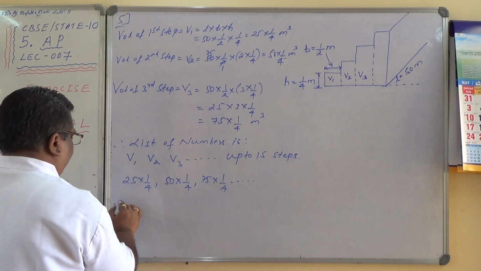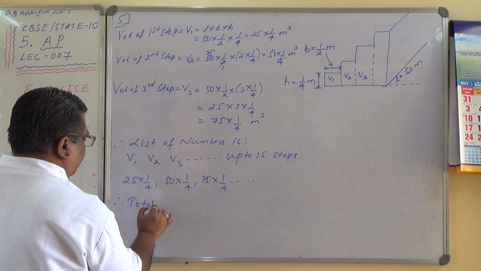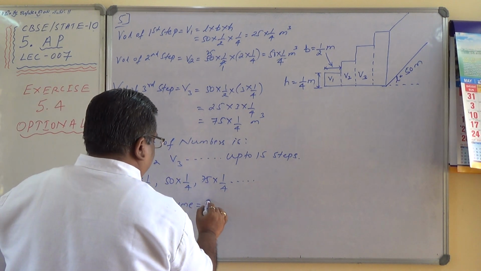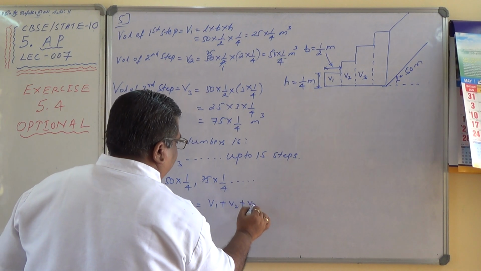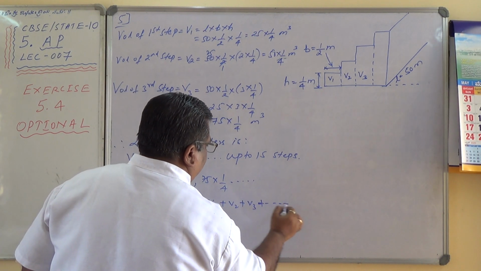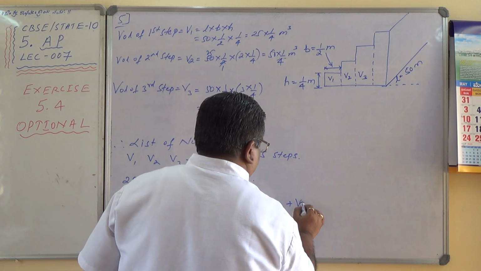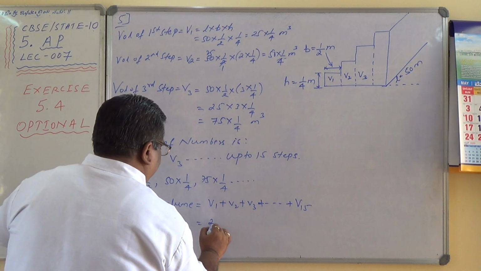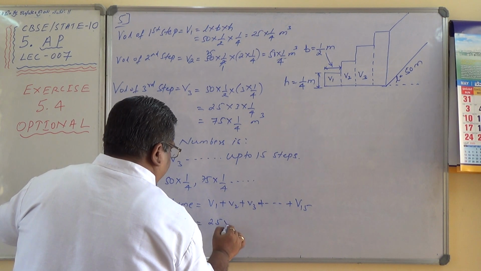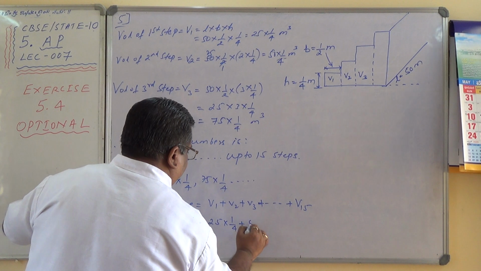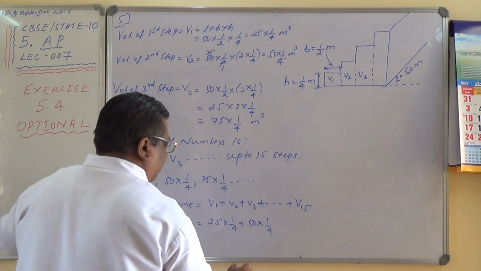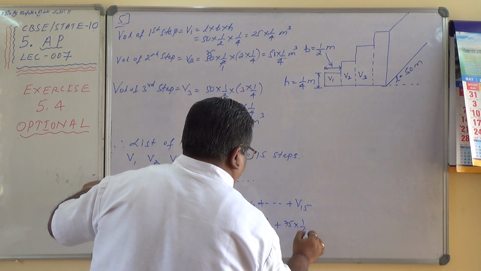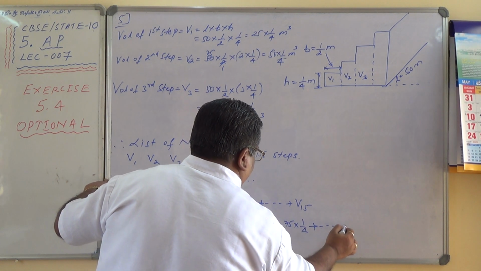And therefore total volume equals V1 plus V2 plus V3 up to 15 steps, which is equal to 25 into 1/4 plus 50 into 1/4 plus 75 into 1/4 plus it will continue.